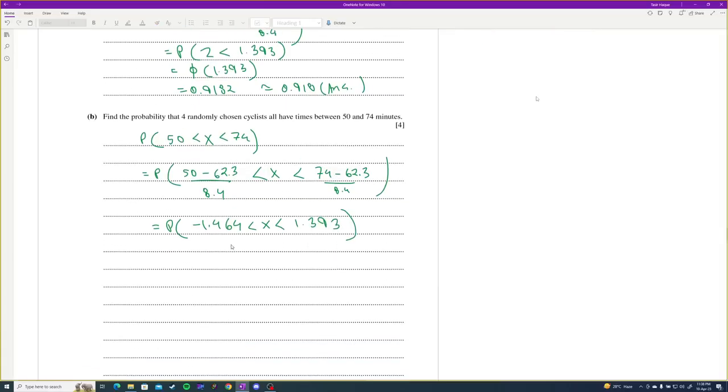So essentially we can break this down now. We can write this as P, sorry, I meant to write Z over here, my bad. After standardizing, it turns into Z.